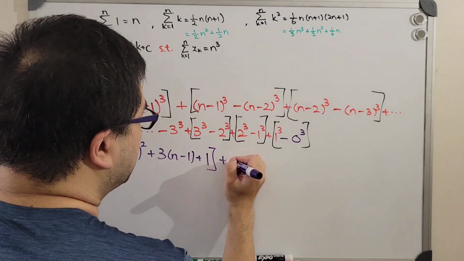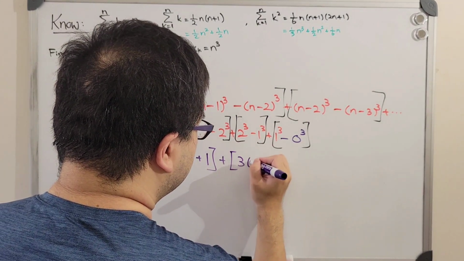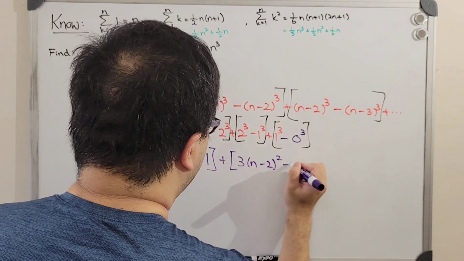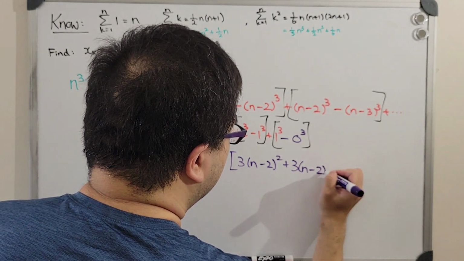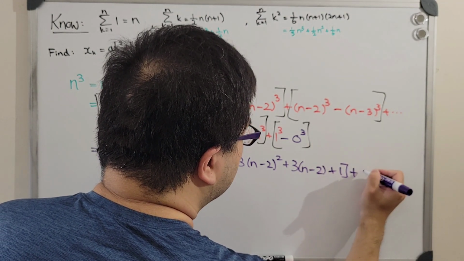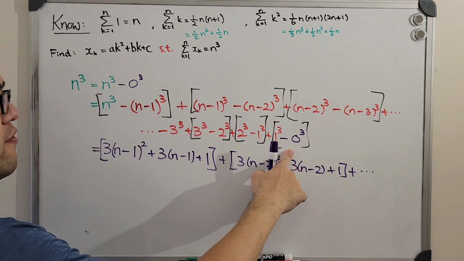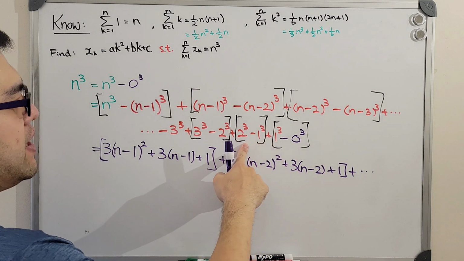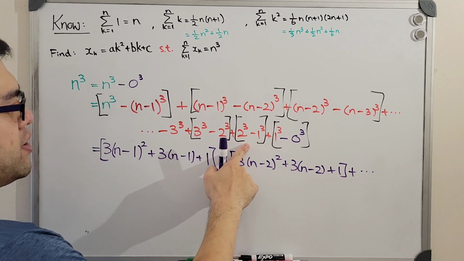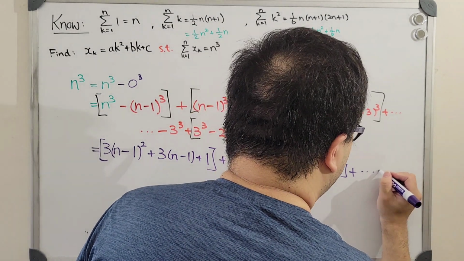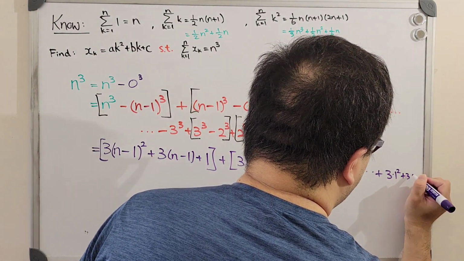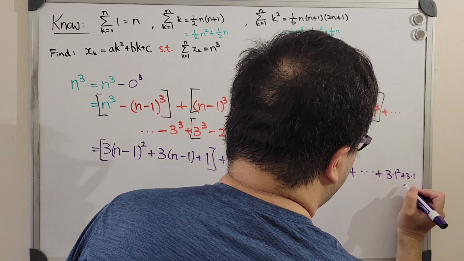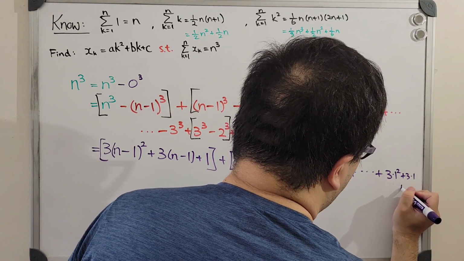And then for the second term, we'll have 3 times n minus 2 squared plus 3 times n minus 2 plus 1, and so on and so forth until we have the second to last term and the last term, where the second to last term will just be 3 times 1 squared plus 3 times 1, and then plus 1.